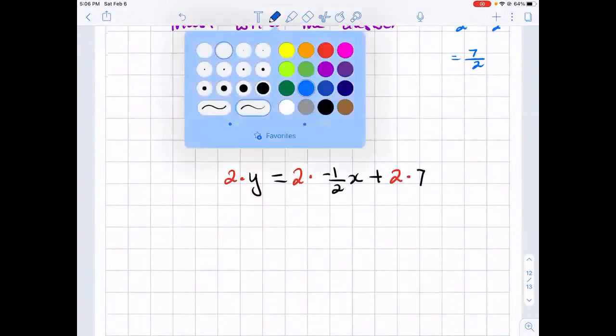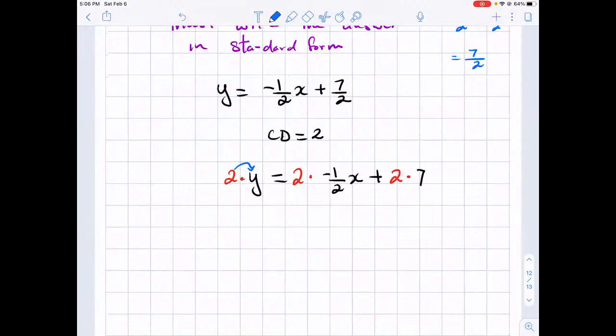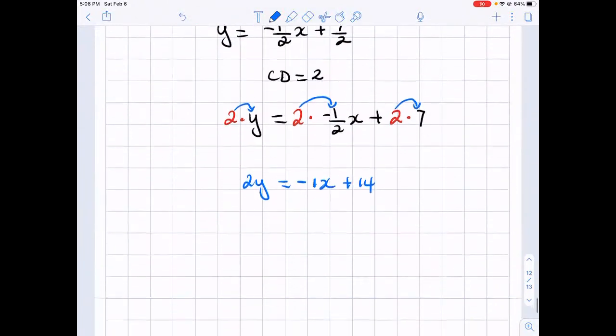If I do this, I have 2 times y is 2y, and 2 times negative 1/2 becomes negative 1x plus 14, right? 2 times 7 is 14.